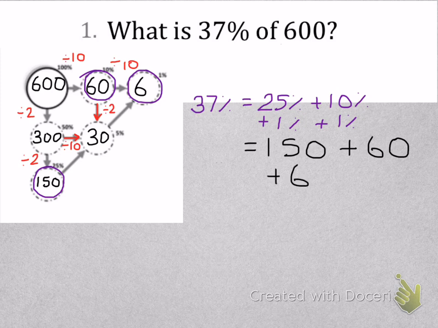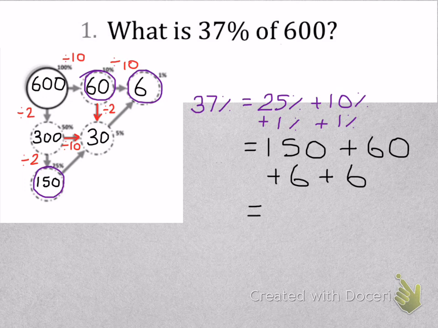Plus 6 plus 6. Now remember, if you need to write down that calculation as a formal column, or if you need to do some jottings, then you can. I'm going to do it in my head with you.